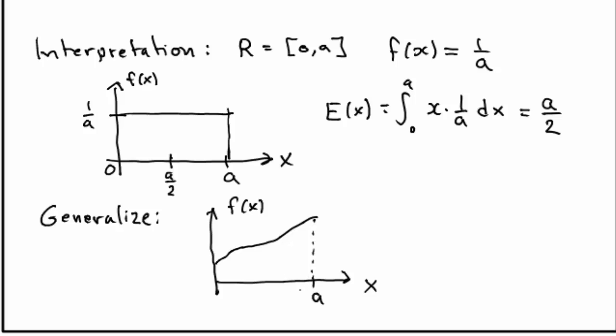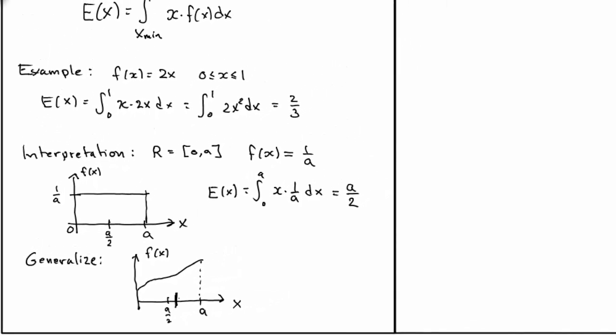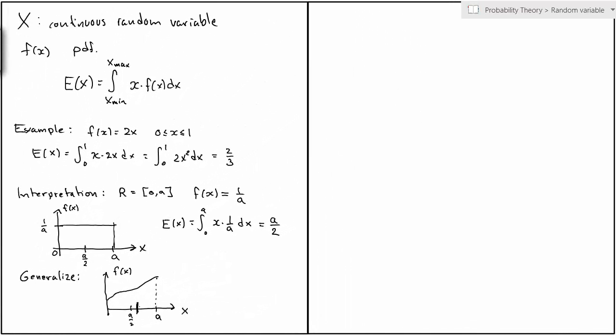As f of x is high in the right region and low in the region close to the origin, we put more weight on the x's close to a, and that means that in this case the expected value will be to the right of a half. So if this is a by 2, then the expected value may be somewhere here. It's hard to say exactly, it depends on what f is.